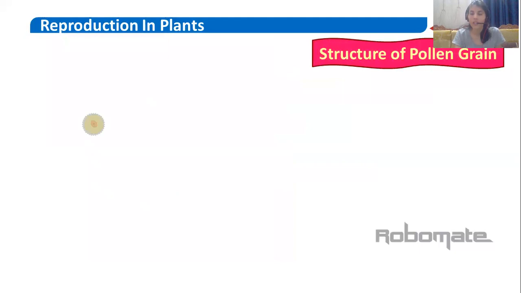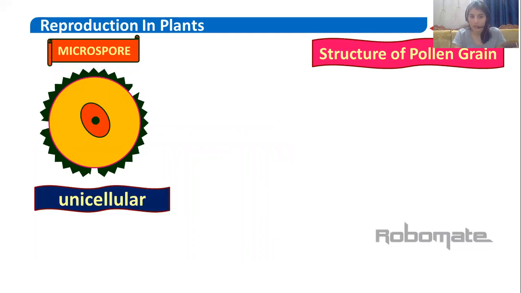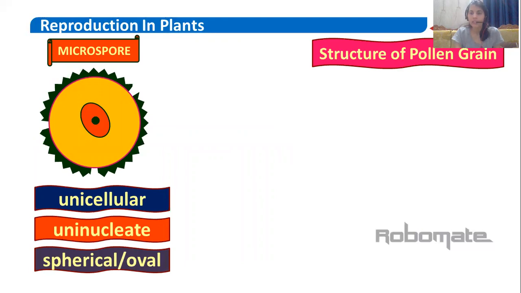Now we'll see the structure of pollen grains. It's very easy. See, this is a microspore. It's a unicellular, single celled structure, and uninucleate also, meaning only one nucleus is there, and it is generally spherical or oval in shape.